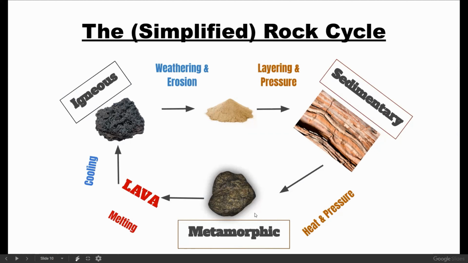Add heat and pressure to it, and they're going to change to become metamorphic rock. Metamorphic rock is going to melt into lava, and as it cools, it turns into igneous rock. Weathering and erosion happens, breaks it down into these particles, and we repeat the process. So it is a cycle. This is a very simplified version of it.